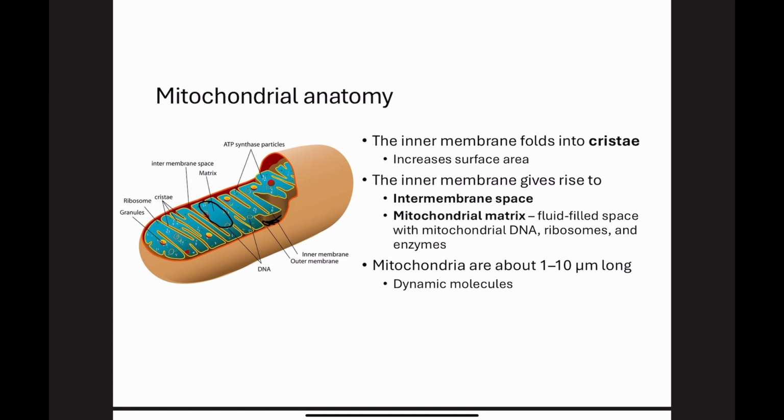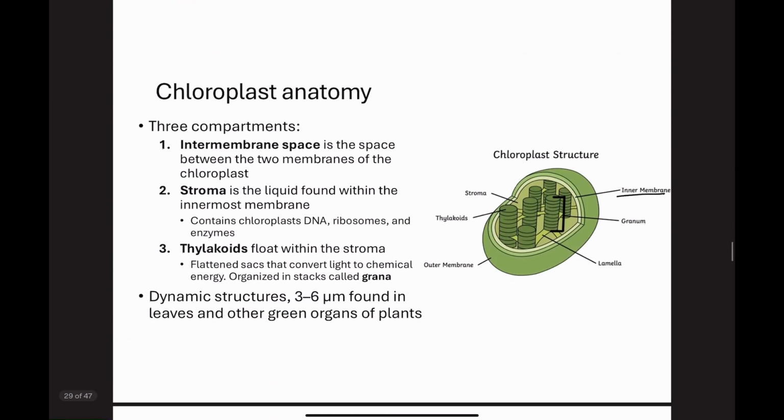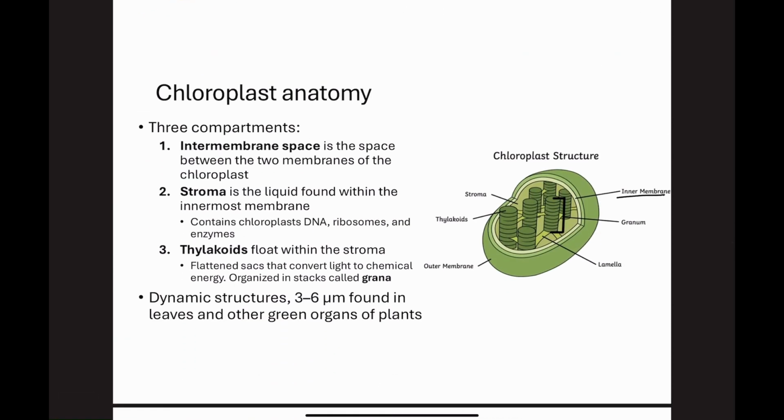So chloroplasts are the site of photosynthesis. They contain something called chlorophyll. They contain molecules and enzymes that are really essential for the production of sugar. They measure about 3 to 6 micrometers in diameter. They're found in leaves and other green parts of plants, and even algae, right?